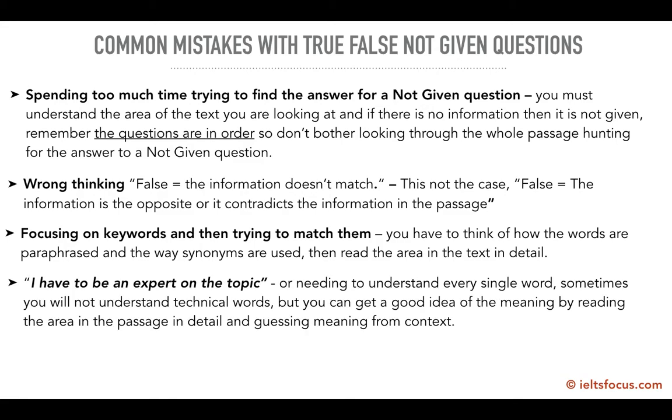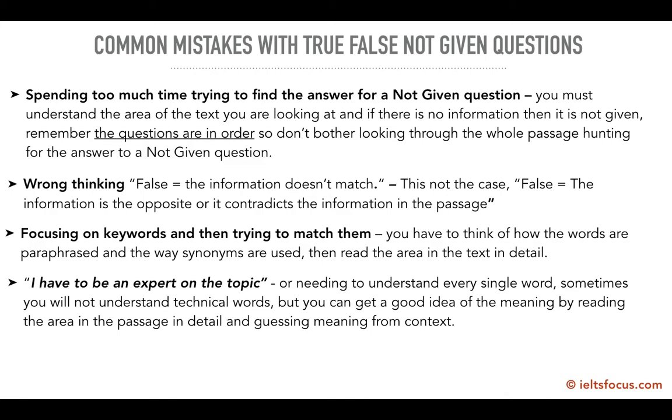Another common problem or common belief is that people think they have to be an expert on the topic or they have to understand every single word. In these kinds of texts, there are a lot of technical words and you just won't understand them. Even native speakers don't understand certain words in these texts. That's why getting meaning from context comes in handy.